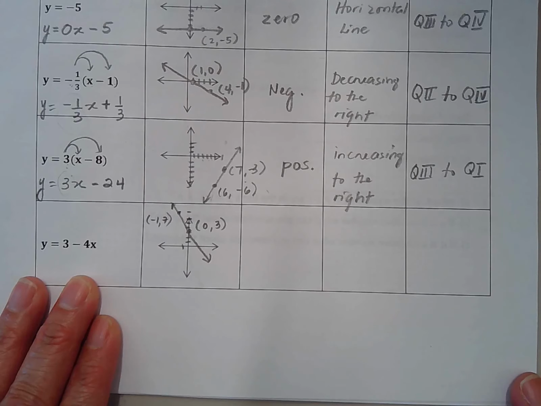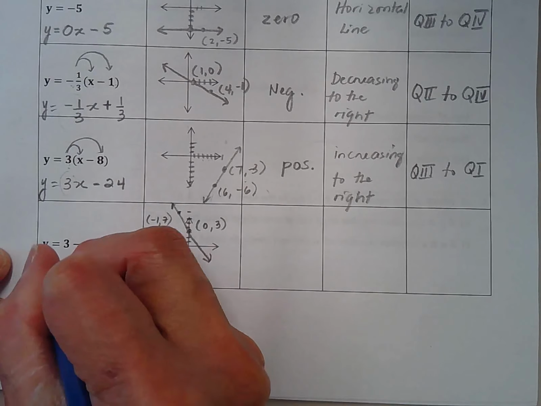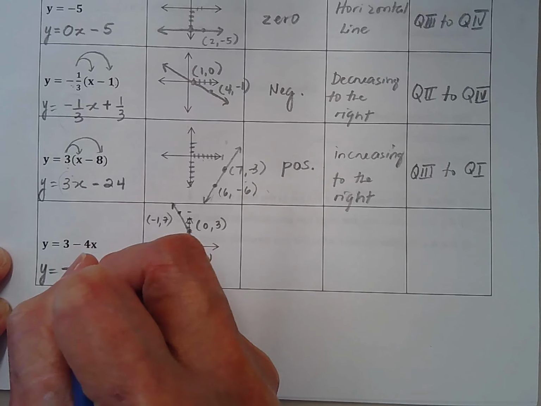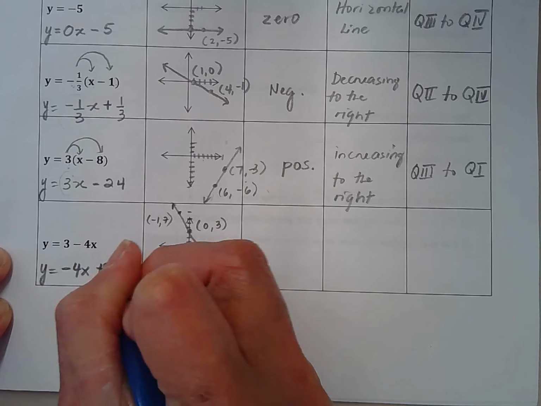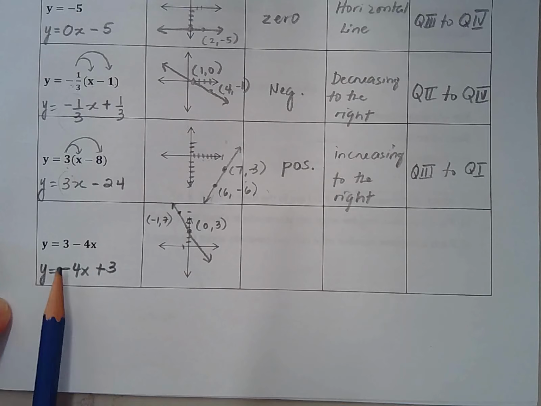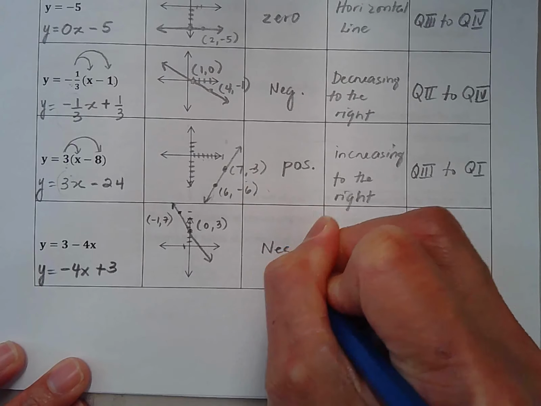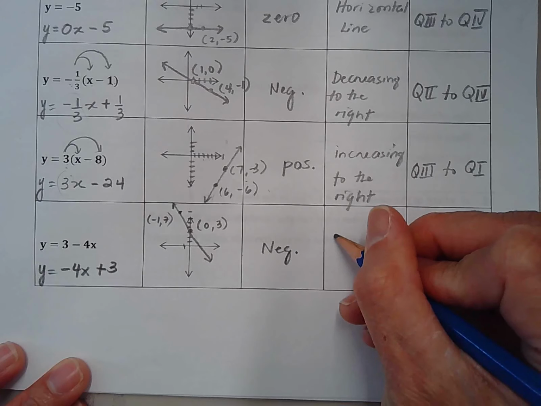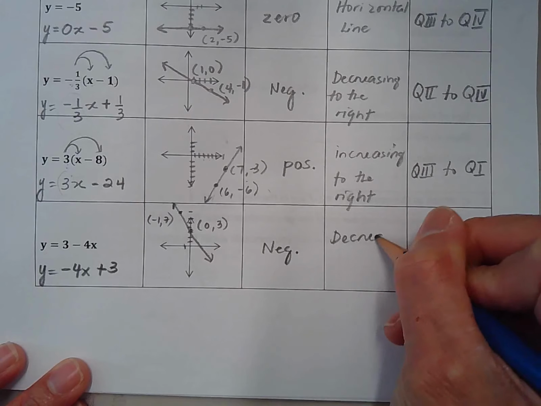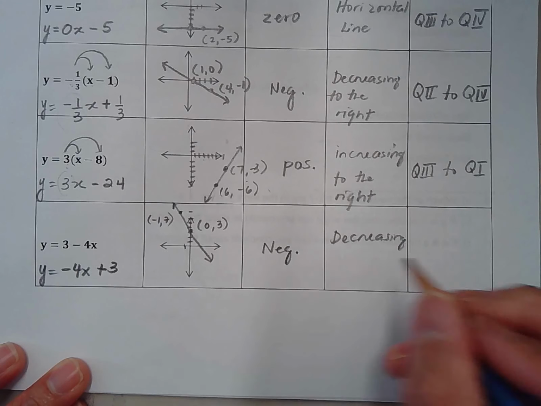Because we can rearrange this as -4x plus 3. So our leading coefficient is really the -4 after we rearranged it. So the leading coefficient is negative. It's going to be decreasing to the right.